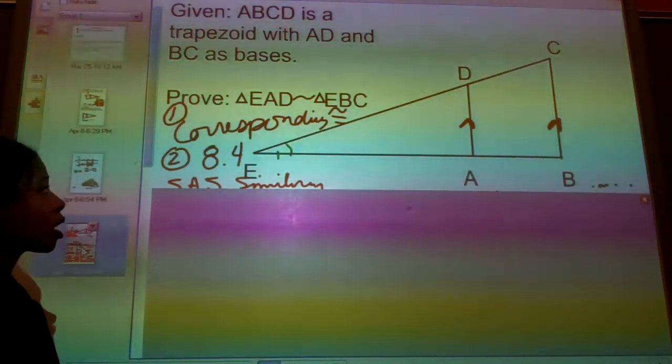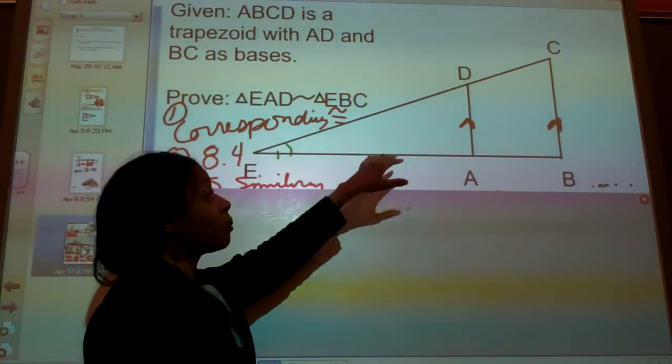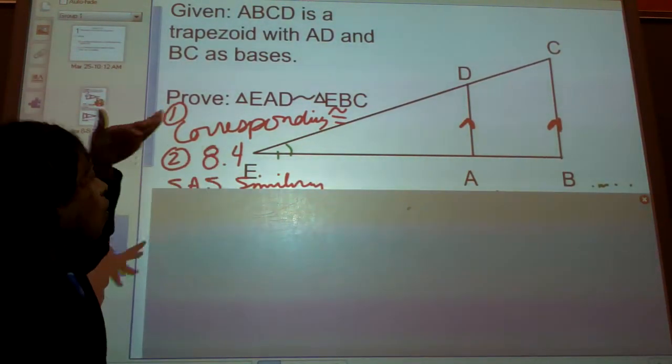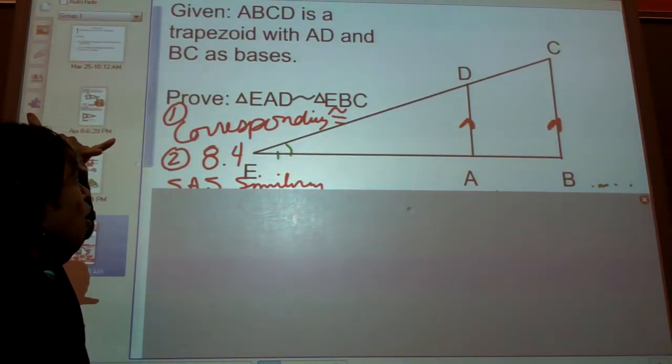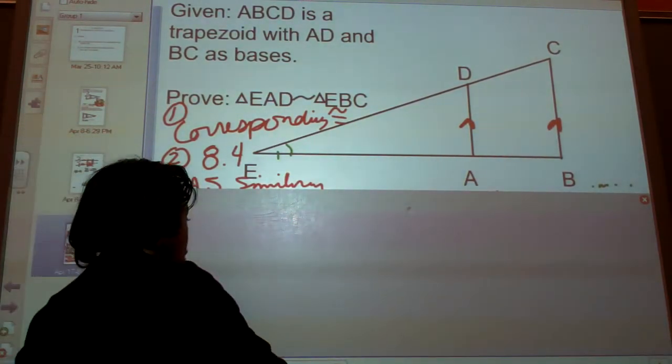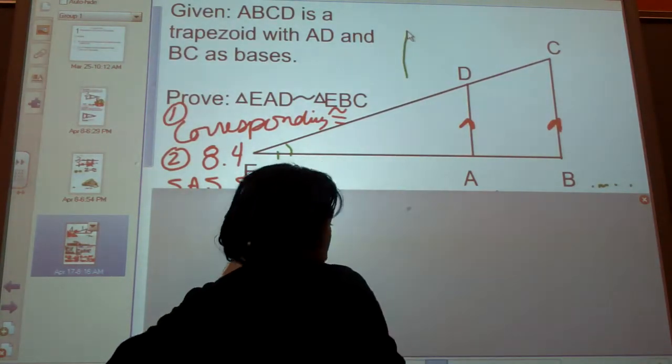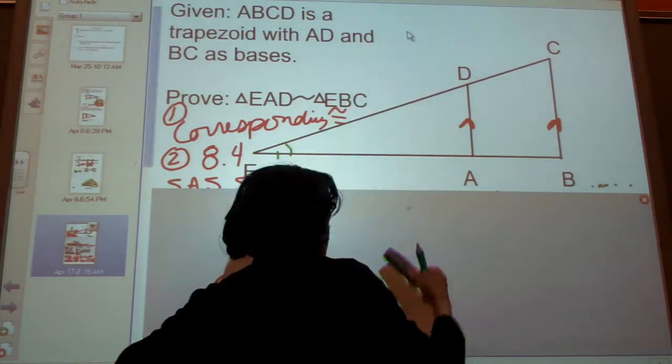And going back to our proof here, when I'm looking at this particular proof, if I'm looking at corresponding angles, I start saying to myself, okay, well, what do I see? First thing I see here, if this is DA, and I'm going to straighten that out just a bit.